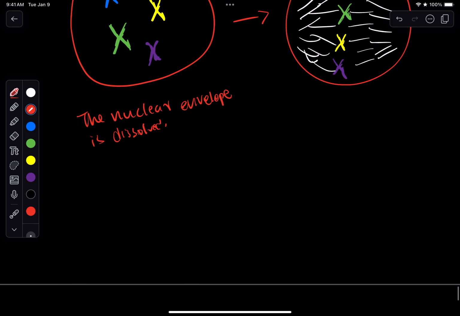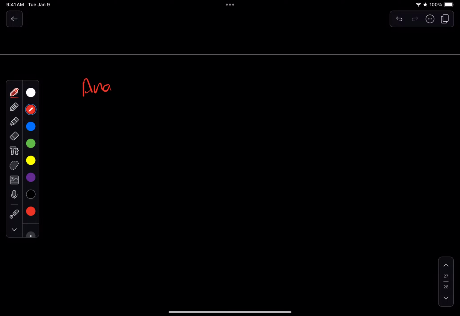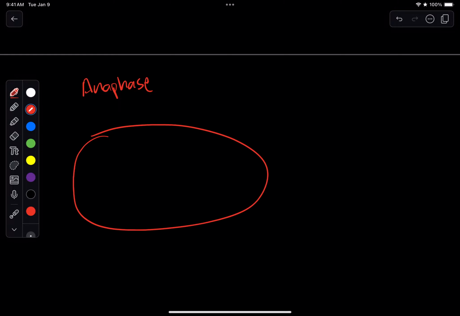This is the next phase, anaphase, in which the chromosomes are pulled apart. It's going to look something like this. I'm going to make this a little bit wider. It's split up like that, being pulled apart, so that's why it looks like this.